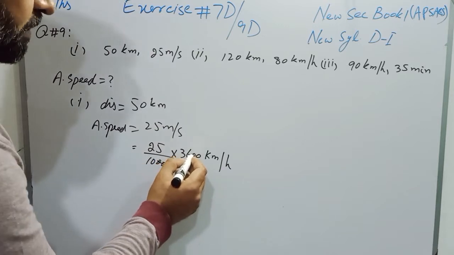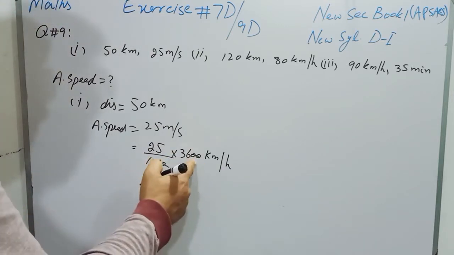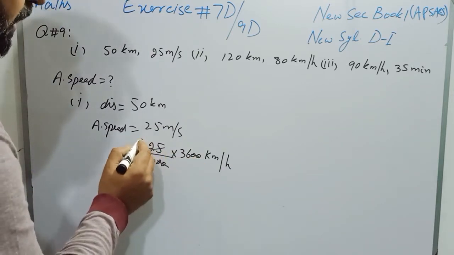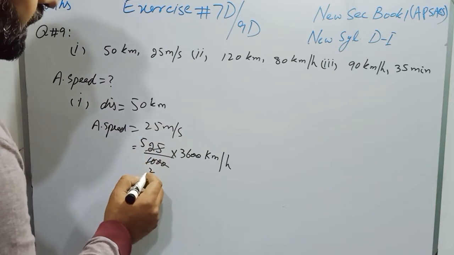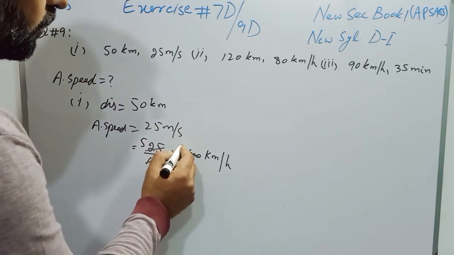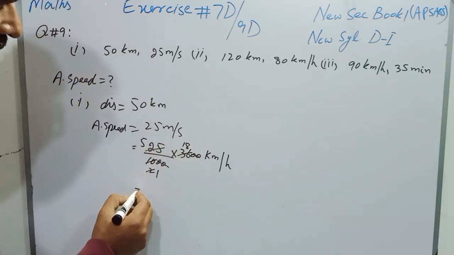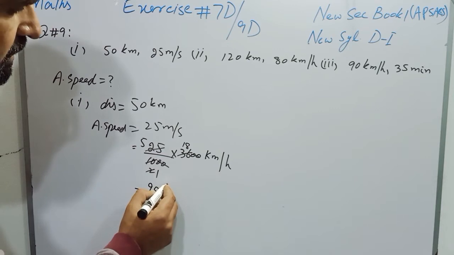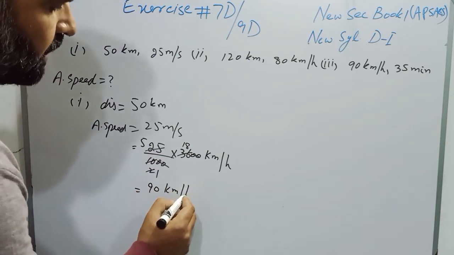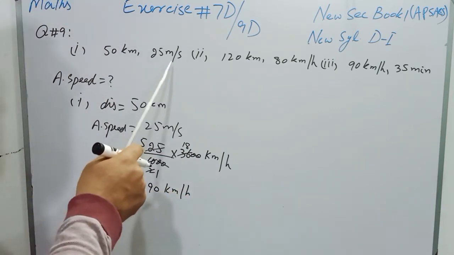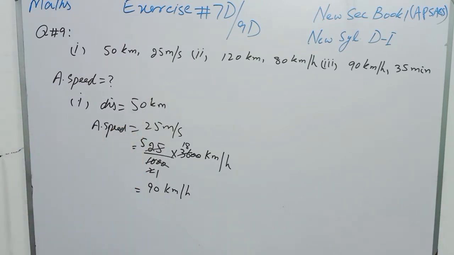These two zeros will be cancelled with these last two zeros, and 5 5s are 25 and 5 2s are 10, and 2 1s are 2, 2 1s are 2, 1 carry, and 2 8s are 16, so 18 5s are 90 km per hour is the average speed for the first distance.